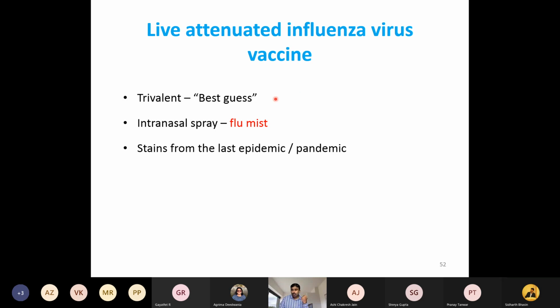And like I've told you before, if you want to understand live attenuated and killed vaccines very well, just remember poliovirus. Oral polio drops, they put it in the route that it normally enters if it's live attenuated. If it's a killed poliovirus vaccine, they just inject it. Same principle for anything that you can think of. Most viruses, at least respiratory and diarrheal viruses, this principle will be perfectly working.